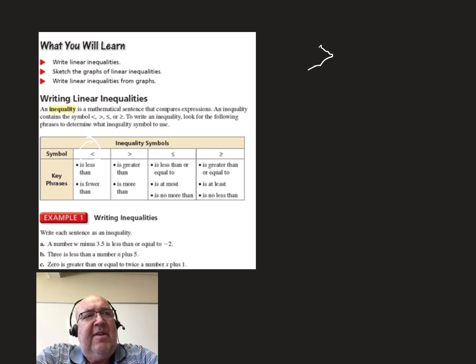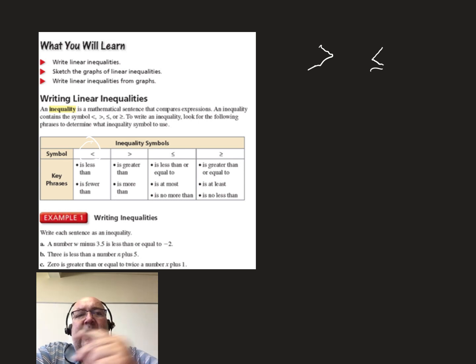Okay? If you have an inequality with an equal sign underneath it, pointing to the left, that means what is on the left is less than or equal to, is at most, meaning that's the highest number, or is no more than the number on the right.